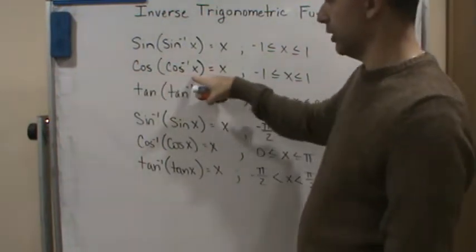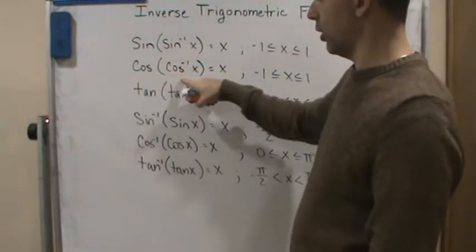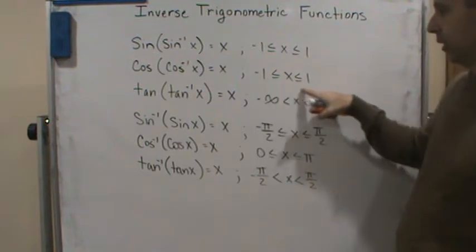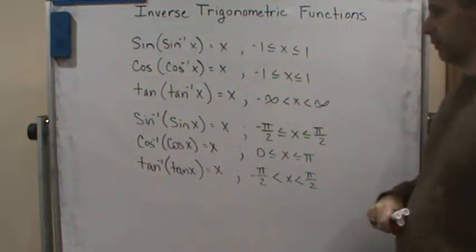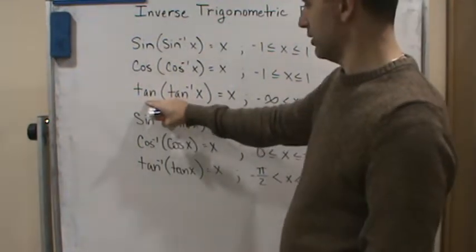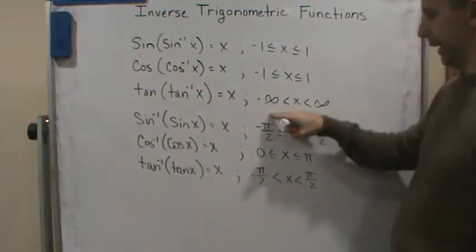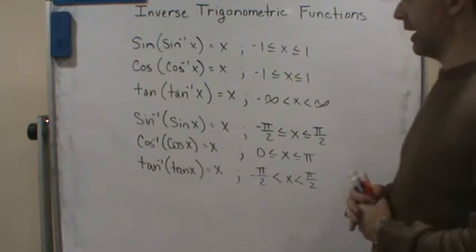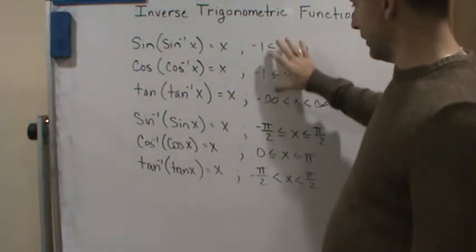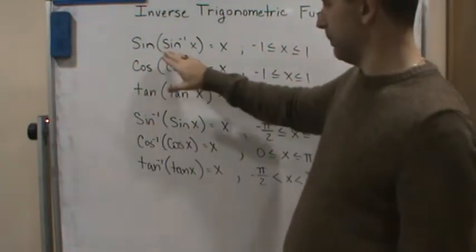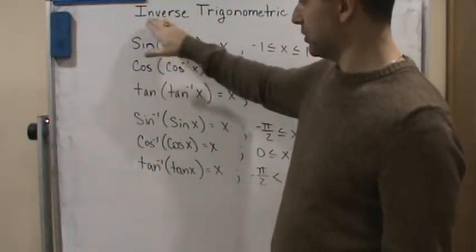Likewise, you can compose cosine and inverse cosine to get x for this domain, okay? And again, tangent composed with inverse tangent over this domain, okay? Now notice that the restricted range of values for x, the domain, is restricted by, so again, we're looking at a composition of functions.